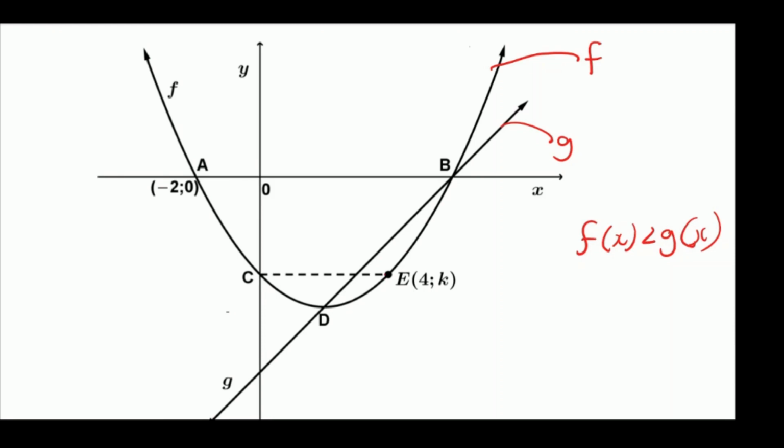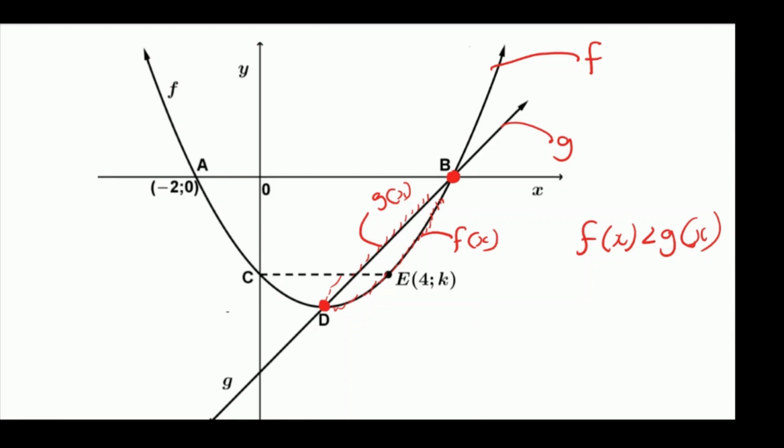This is f of x, it's below g of x at this point, and this is g of x, it's above, right? So these are the points. So the points are here, D and B, where f of x is less than g of x.